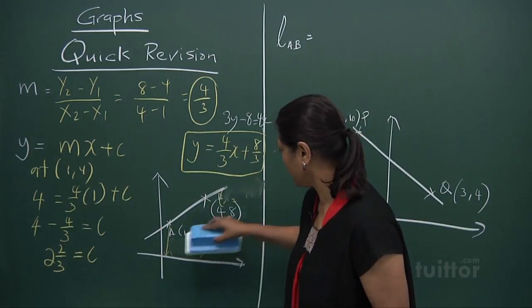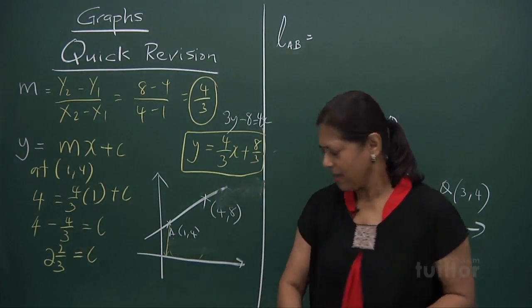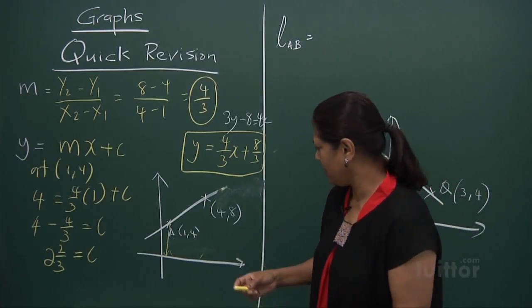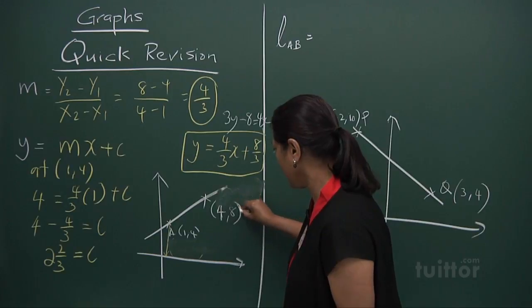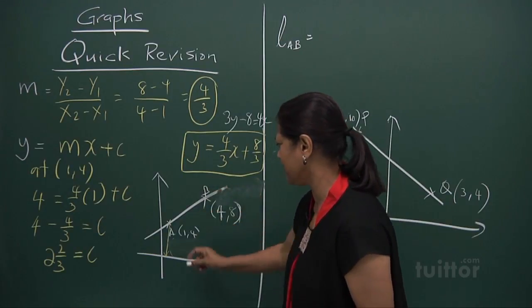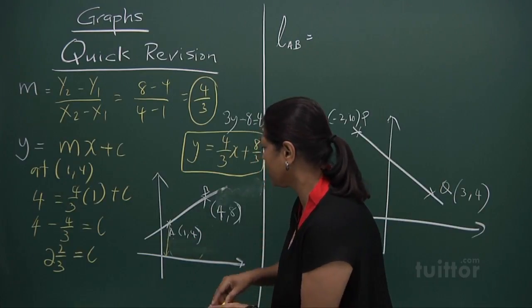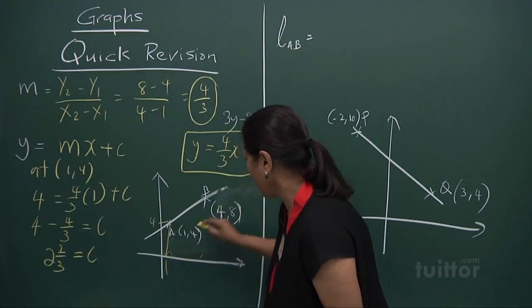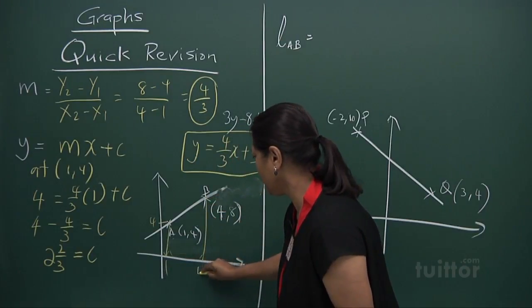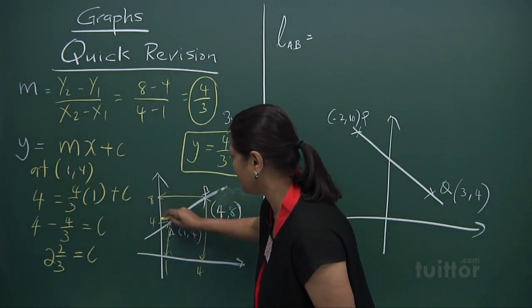Alright, let's look at points A and B. And we've got, this is 1, 4 and 4, 8, B. And we want to find the distance. This is 1 and your y is 4. And your x here is 4 and your y here is 8.